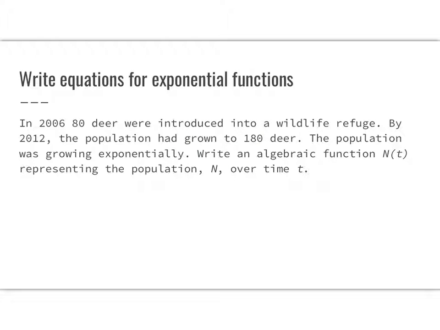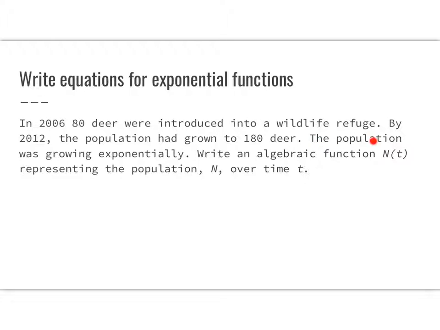So then writing equations. Word problems are what we're going to play around with in this case, but how do you write equations for exponential functions like this? So in 2006, 80 deer are introduced into a refuge. By 2012, 6 years later, the population had grown to 180. The population was growing exponentially. Write an algebraic function N of t representing the population N over the time t.